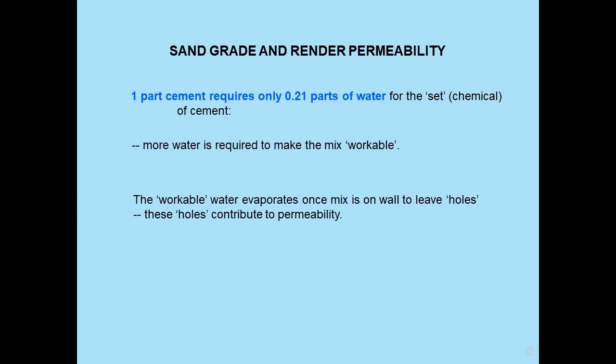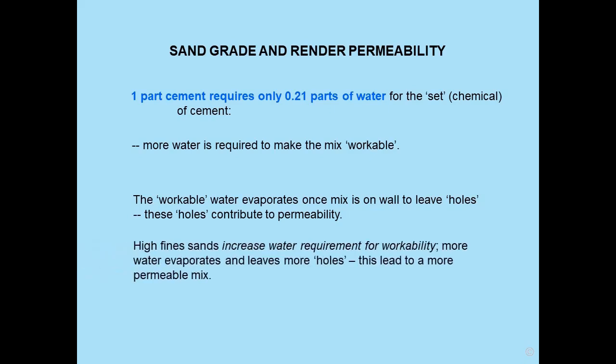The workable water simply evaporates once the mix is on the wall to leave holes, and those holes contribute to permeability. The problem is simply that sand with a lot of fines, clay and silt in it increases the water requirement for workability. Therefore there is more water to evaporate, and this leads to more holes and therefore a more permeable mix.